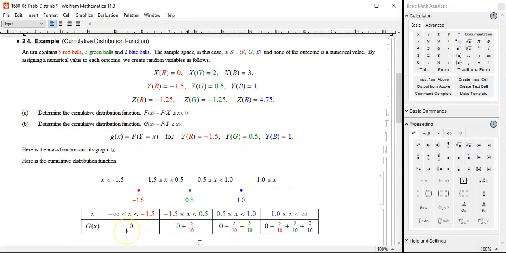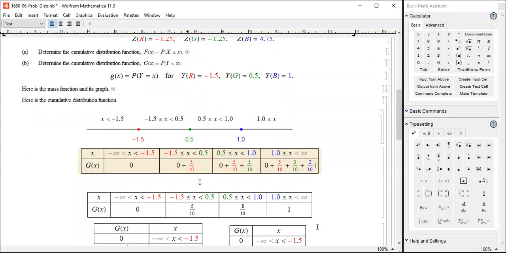Always begin from 0 and then add up the probability for red, so add up 5/10. Next, probability for green, so add up 3/10, adding up, and another accumulation, and that's the end. Add up to 1, the full probability. So eventually we end up with this.